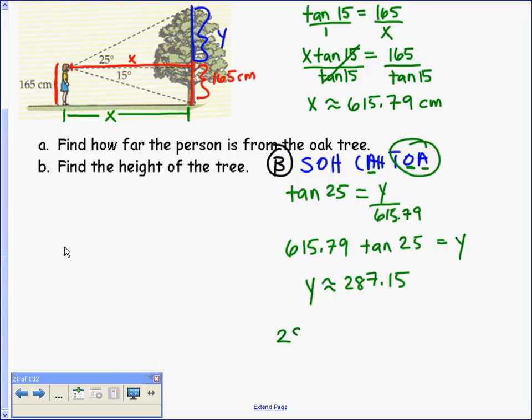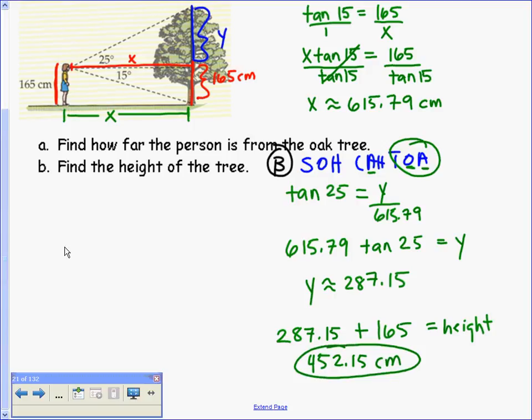The 287.15 plus the 165 is going to give me the height of that tree, and that is about 452.15 centimeters. And that's all I have for section 6.2.